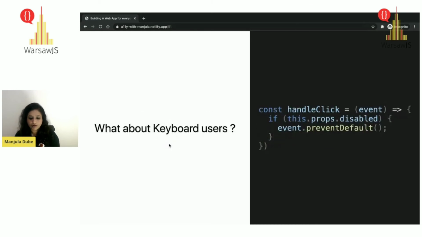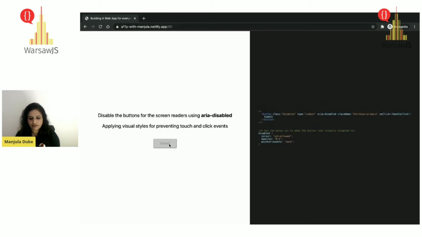But what about the keyboard users? So you should also make sure that you're preventing the click event from happening. So all's good now. You did it without using the disabled attribute, which is a good thing, because otherwise you would not make sure that your screen readers know about this button.